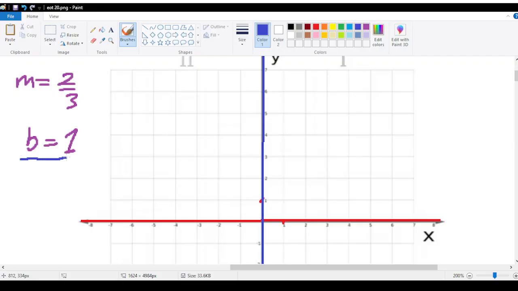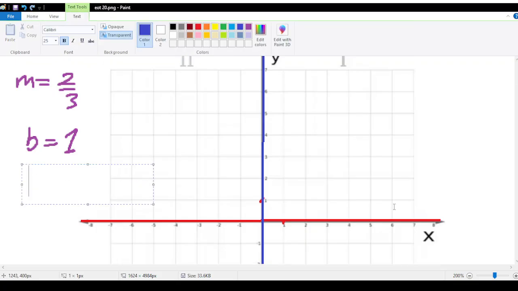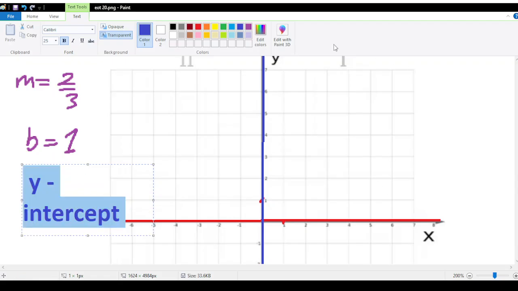Now, what is the name of this? What do we call it? Y-intercept. Y what? Intercept. Okay. So it's y-intercept. Now, since it's a y-intercept, it should be on the y-axis.